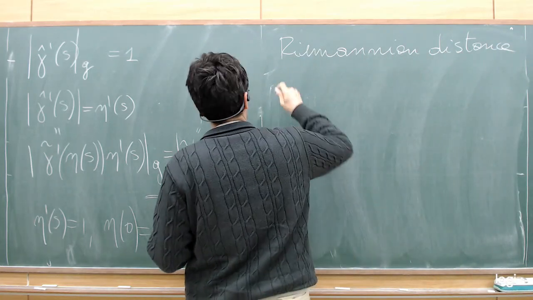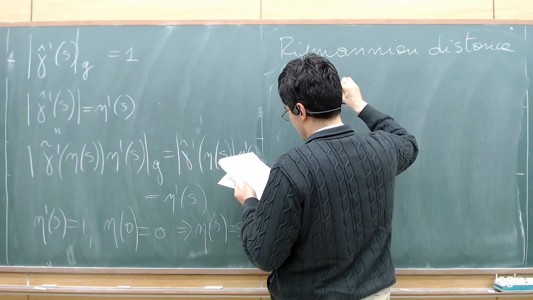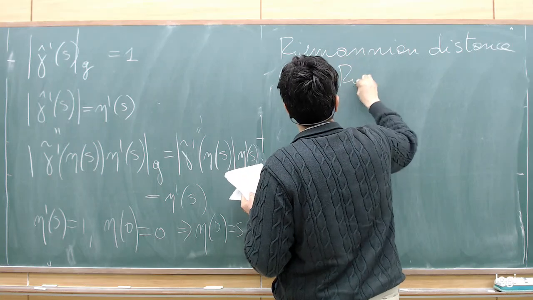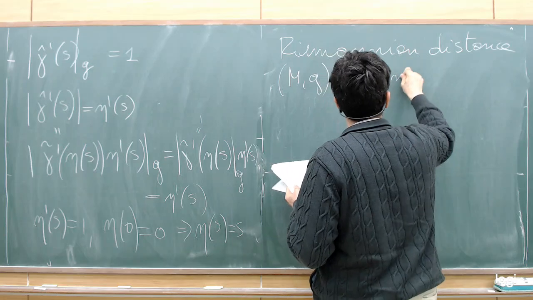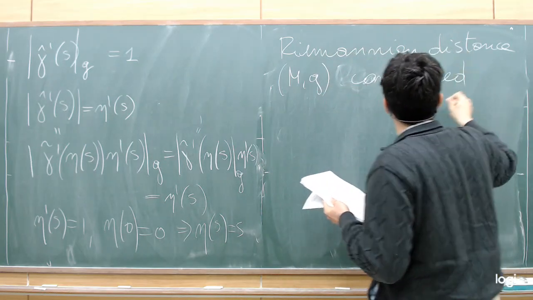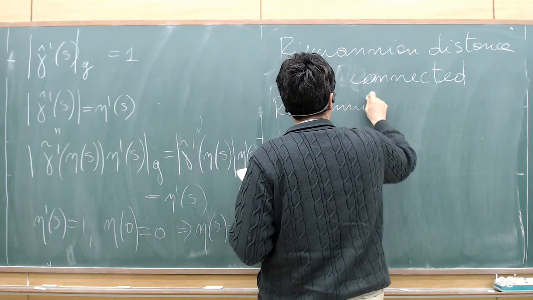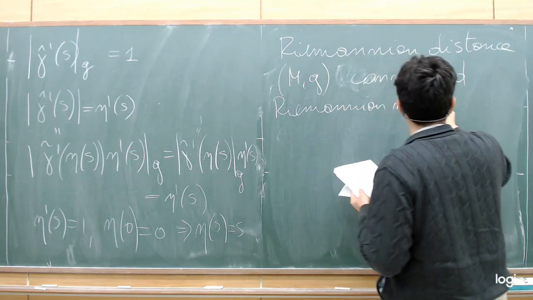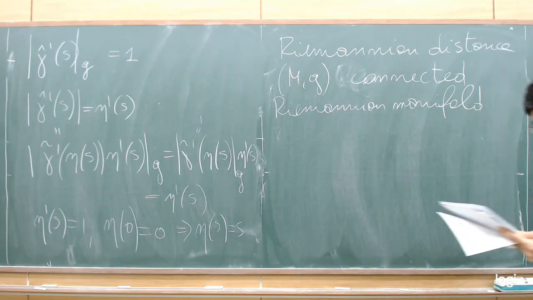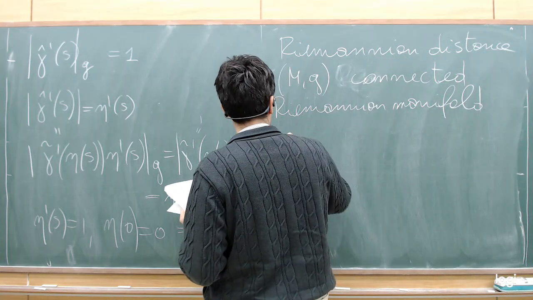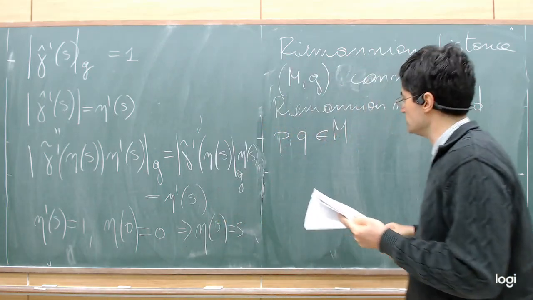So suppose that (M, g) is a connected Riemannian manifold with or without boundary. Let's fix two points p and q.